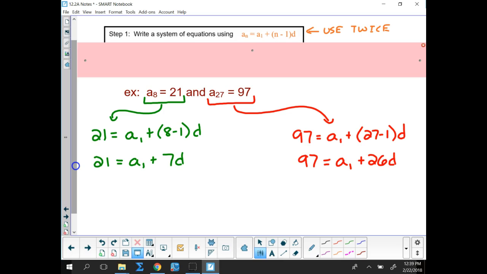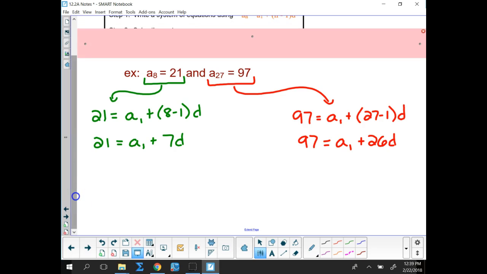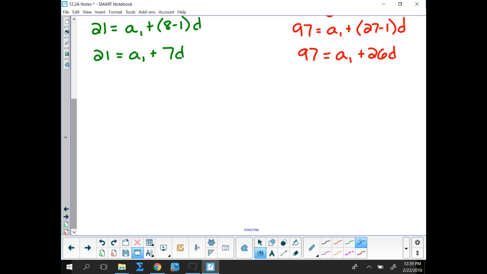I know what I did. Look at it. Substitution would be okay, but not the easiest. Why elimination? You just got to multiply one of them by a negative sign, right? Okay? So, let's solve that system using elimination.